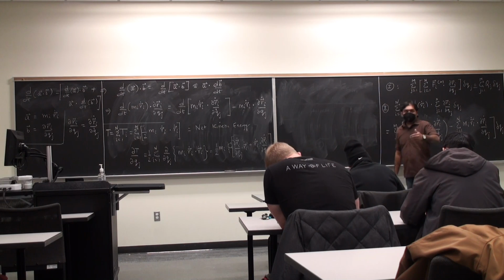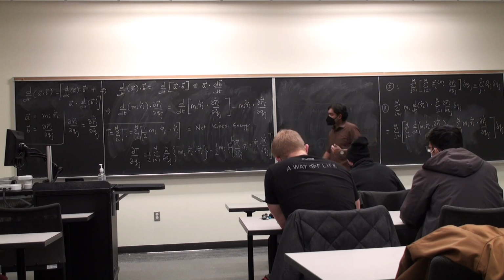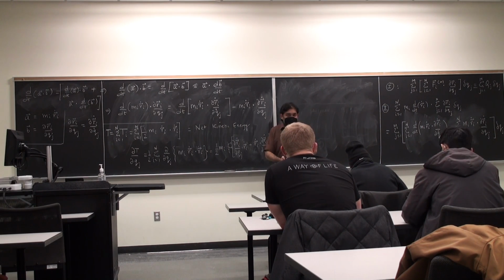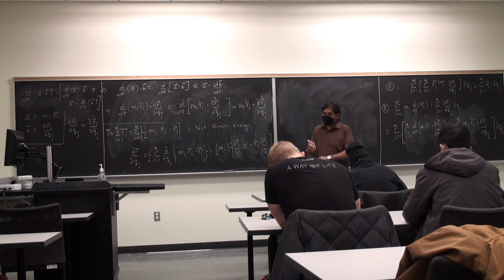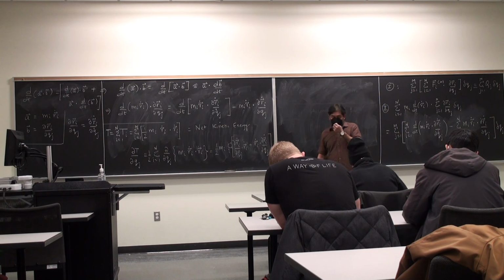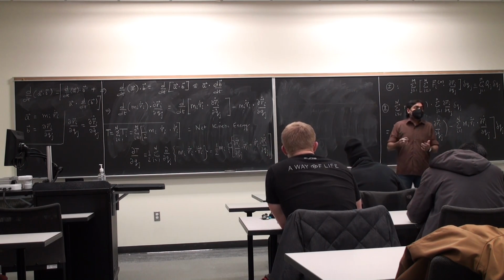All I'm doing is using the product rule. I have two terms here, r_i dot and r_i dot, and I'm taking the partial derivative of that with respect to the jth generalized coordinate. Because the dot product is commutative, a dot b is the same as b dot a, so they sum up together and the factor of 2 vanishes.